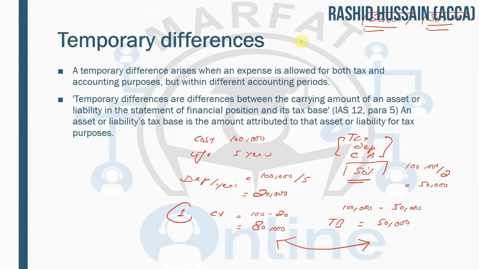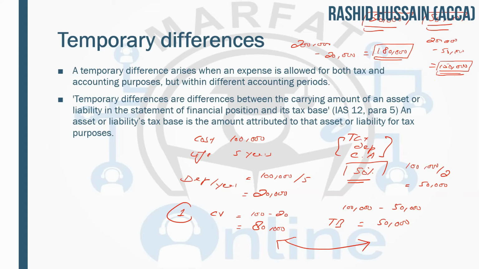Let's assume the profit before the depreciation was 200,000. Now 200,000 minus 20,000 is equal to 180,000. But if you deduct 200,000 minus 50,000, the remaining profit will be 150,000. You were supposed to pay the tax on 180,000, but due to the adjustment told by the taxation authority, you will be paying the tax on 150,000.